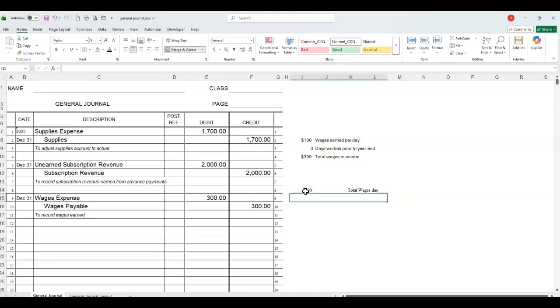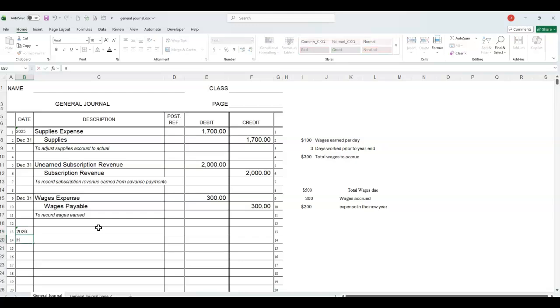This is in the first week of January, but the wages accrued is $300, so the expense in the new year would be the difference. So in the new year, we'd say we pay this person $500 on January the 2nd, which is Friday when we do payroll.